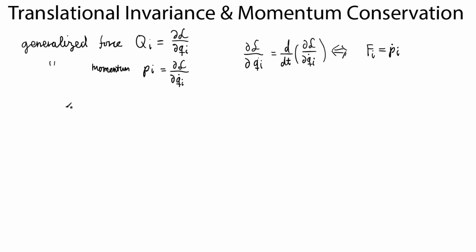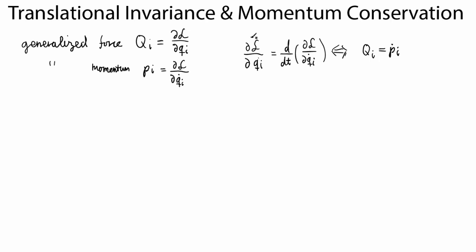And if we're working in Cartesian coordinates, then of course this generalized force is the actual force and generalized momentum is the actual momentum. So this we already know, but we do notice something here, which is kind of interesting. If the generalized force is 0, then the momentum doesn't change over time.